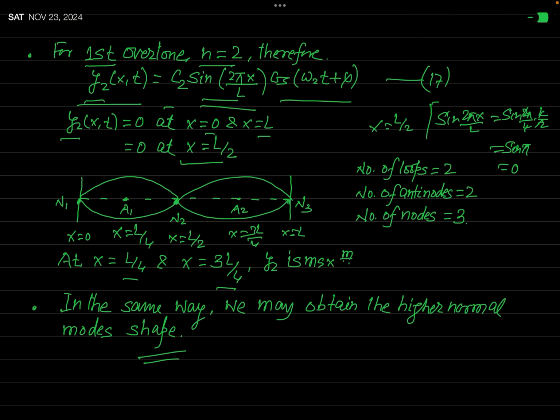So in the case of the first overtone or second harmonic, our string vibrates in two loops. There are two antinodes and three nodes at n1, n2 and n3. Antinodes are at a1 and a2, where x is L by 4 and 3L by 4.